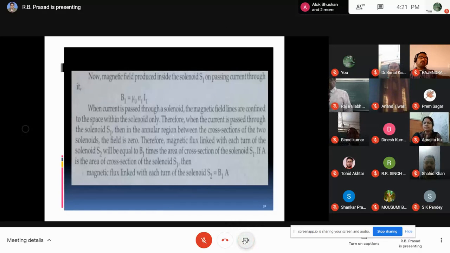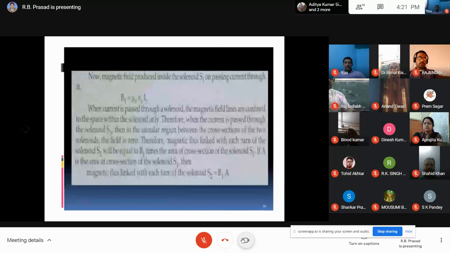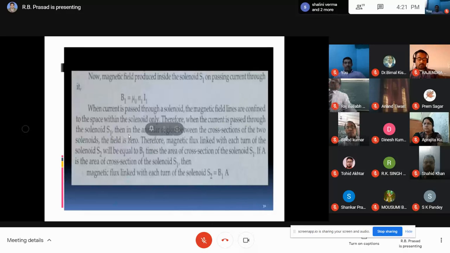Substituting the value, what will be the total flux linked with the secondary solenoid? The flux associated with each turn multiplied by the total number of turns of the secondary coil.